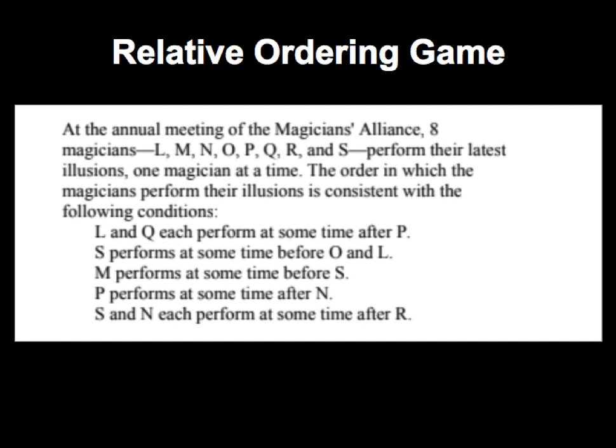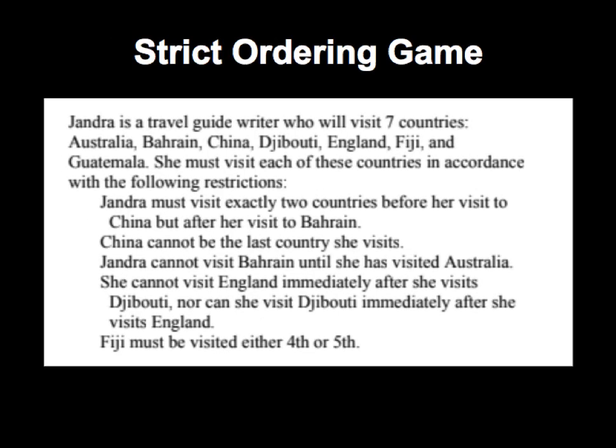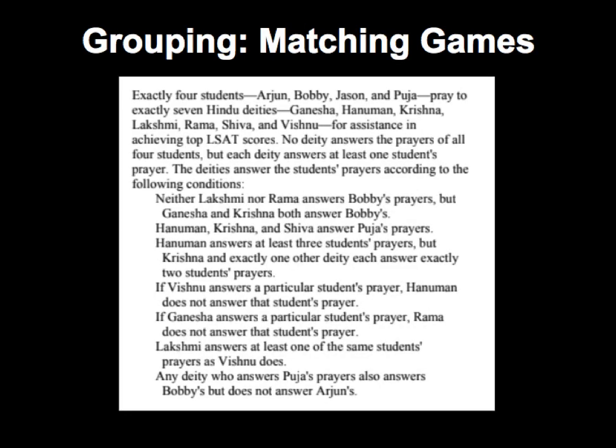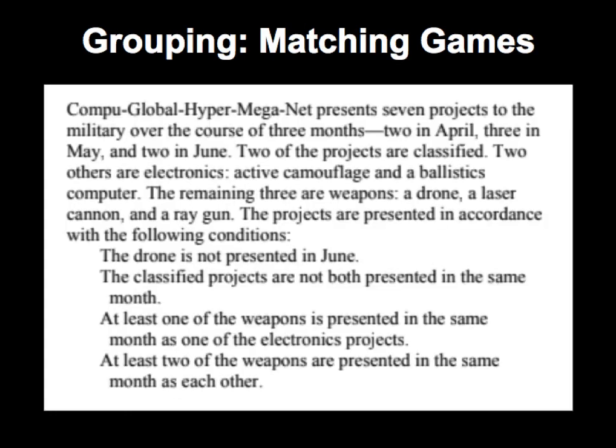These are not simply official LSAT logic games with the topics and variables changed like some prep companies have done. These are actual unofficial logic games that I've created myself of all different types. I've done relative ordering, I've done strict ordering, grouping selection, another grouping selection, grouping matching, another grouping matching.